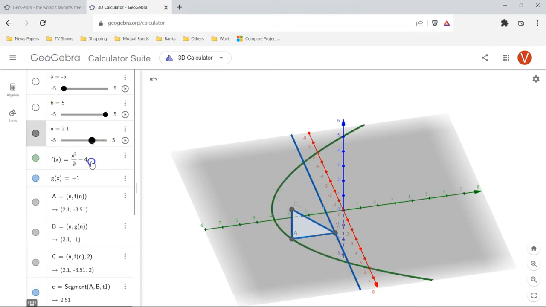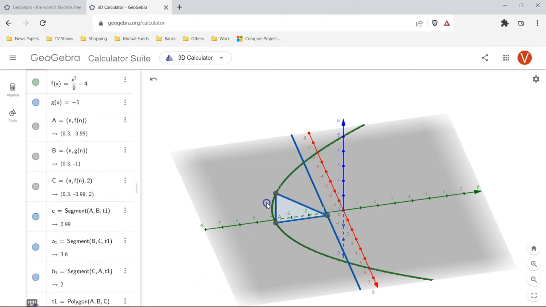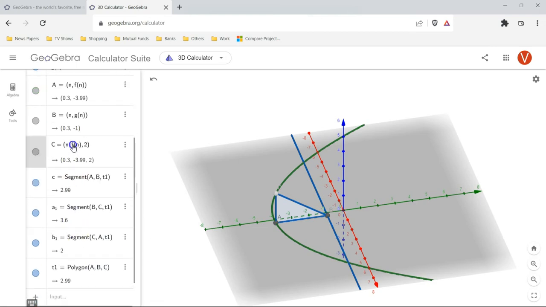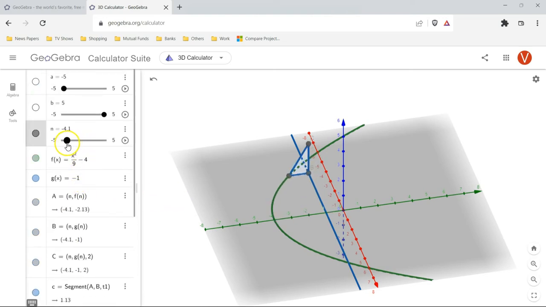This is perfect, right? Okay. Now, what if I didn't want the triangle in this way? I wanted this height coming at this point. Pretty straightforward. Instead of saying n f of n comma 2, we will change it to n g of n comma 2. Yes? And again, if I move this, triangle moves.